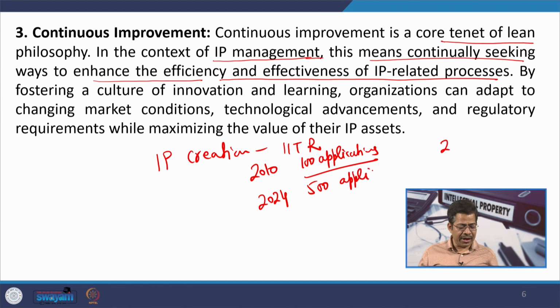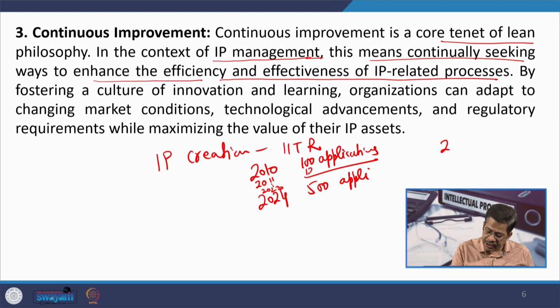So, this is one way you can understand that you are continuously moving, and obviously you have all the intermediate data also from 2011 to 2023, and slowly every year you are continuously increasing, and your IP filing or creation activities are getting better results.